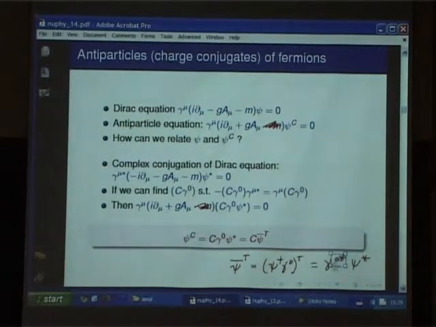So psi bar transpose is gamma 0 star psi star. Let me just write it down.